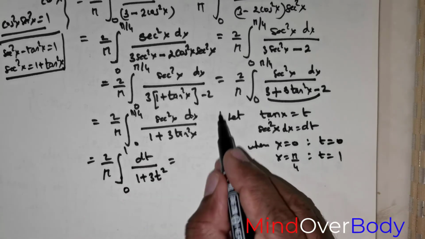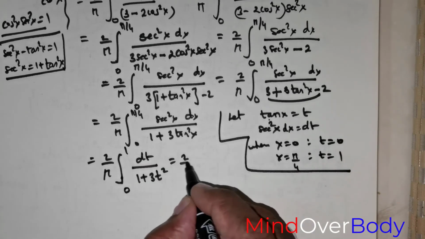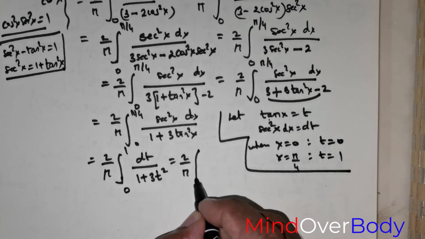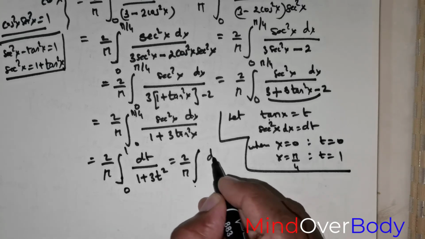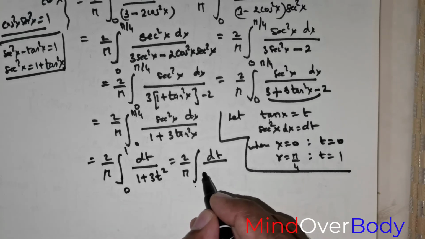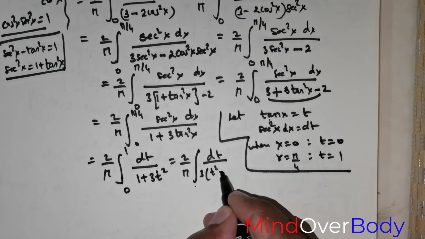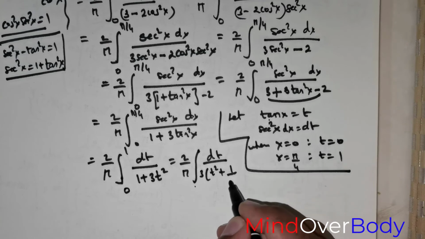I can rewrite the integral as 2 over pi integral. I wish to take 3 out. So if I were to take 3 out, this is going to be t squared positive 1 over 3.